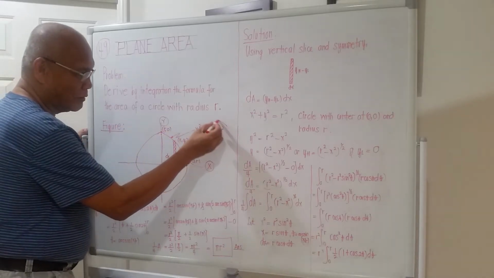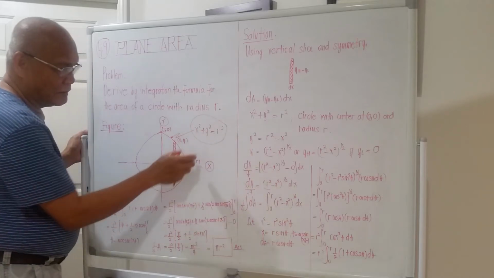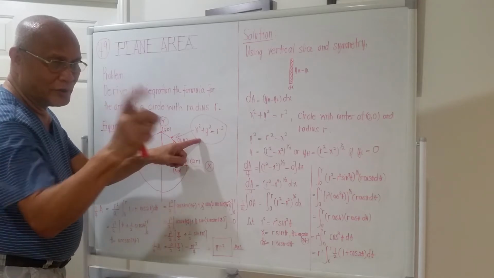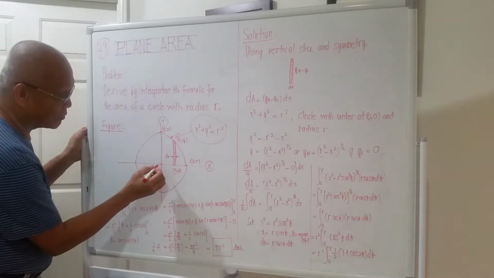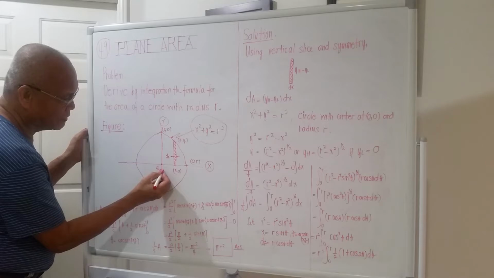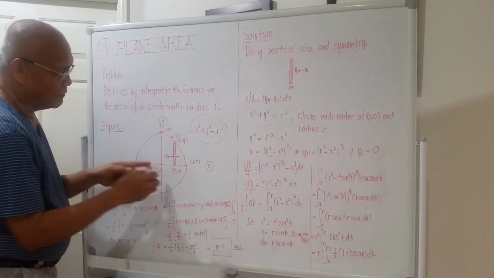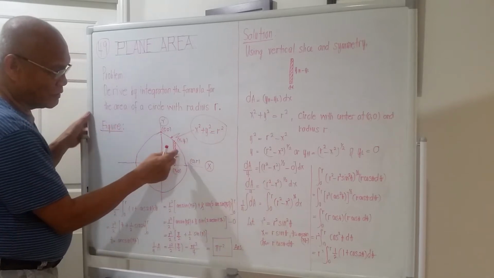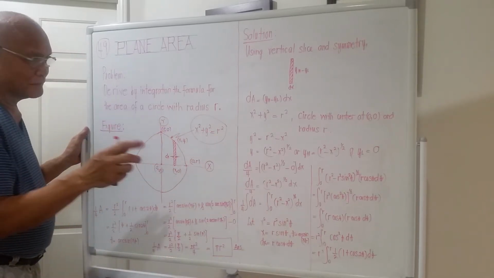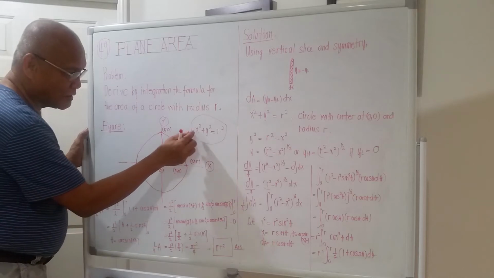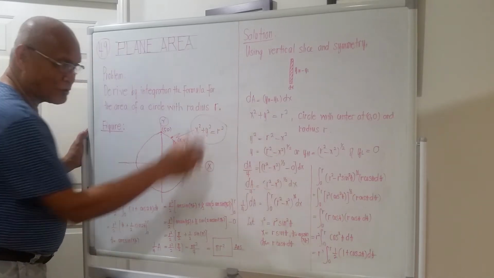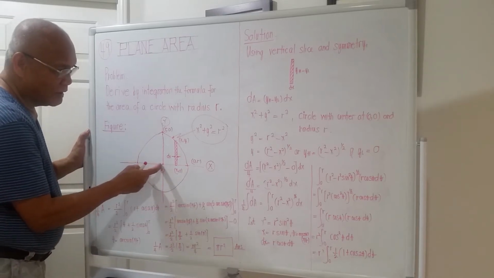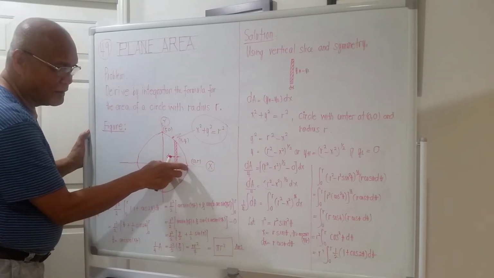If you try to recall your analytic geometry, this is an equation of a circle in which the center is at 0, 0, at the origin, and the value of its radius is r. So the equation of the circle is x squared plus y squared equals r squared, the circle with center at 0, 0, in which the radius is r. Okay?